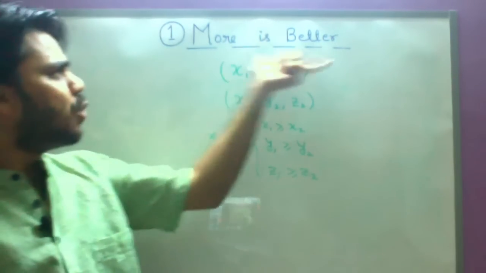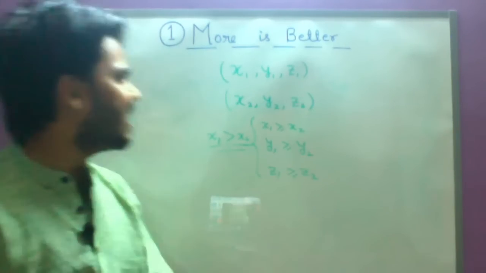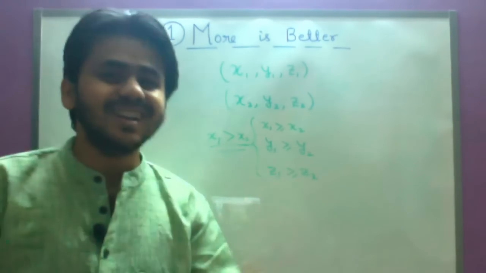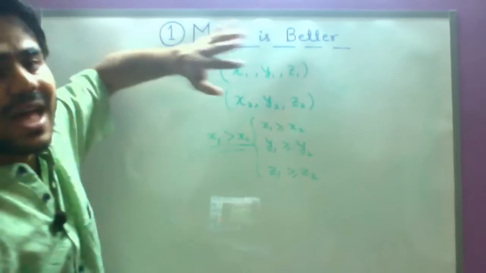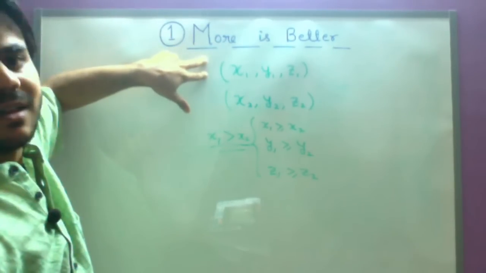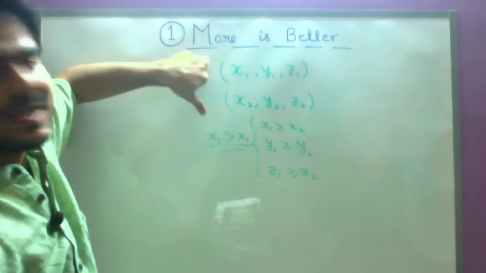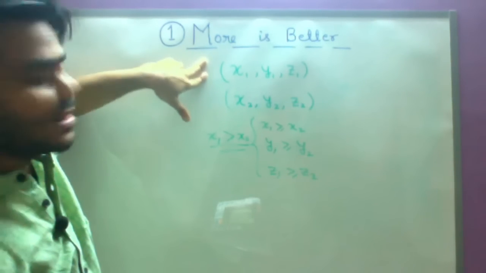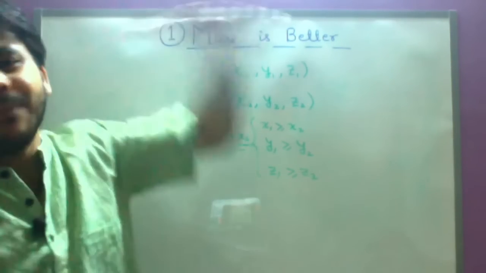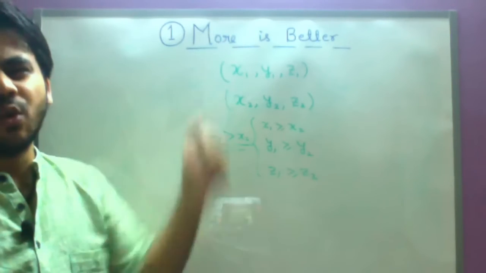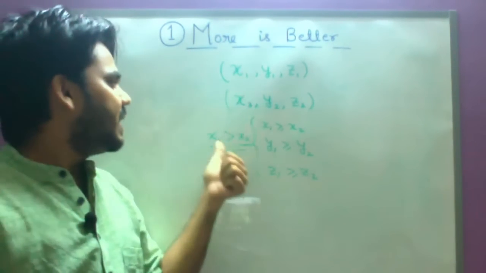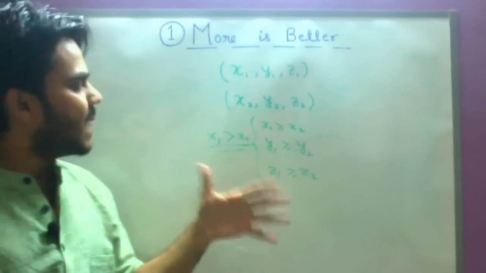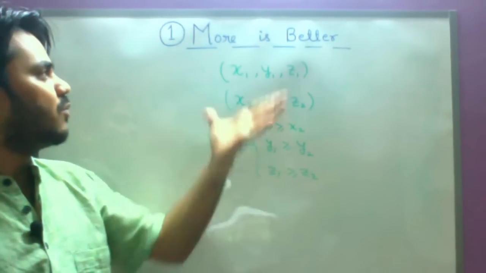Because when I say more is better, I have to make one bundle strictly more than the other. So if I just say that this bundle has all the goods in the same quantity as this bundle, I'm not creating more. To create more, I need to give at least one good in a larger quantity, and that is why this is the description of more.